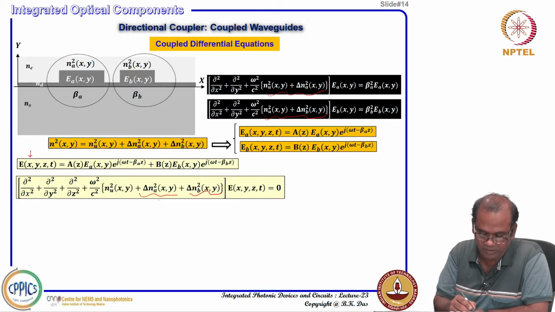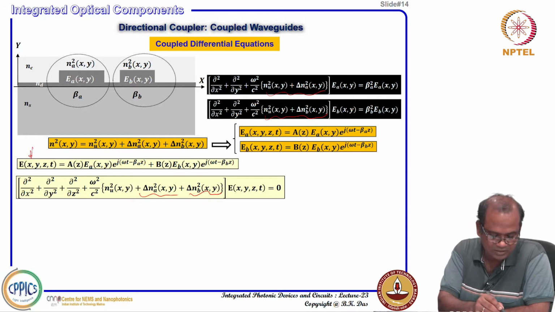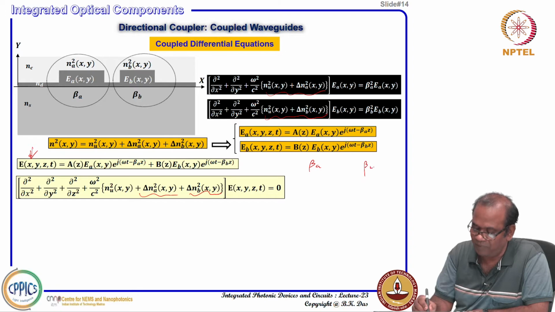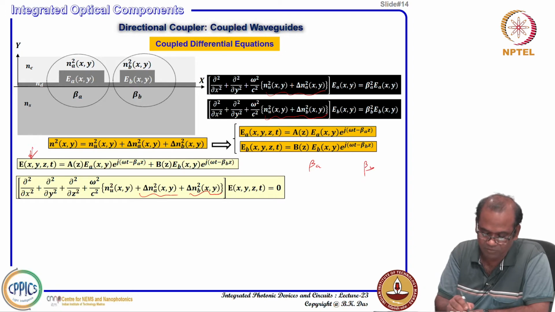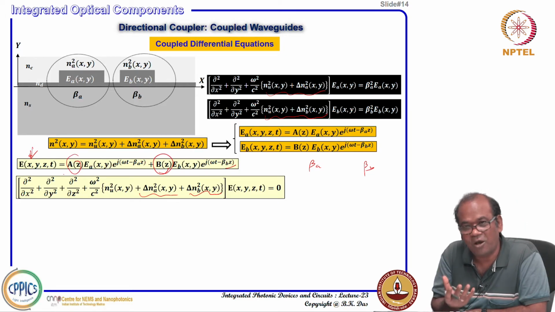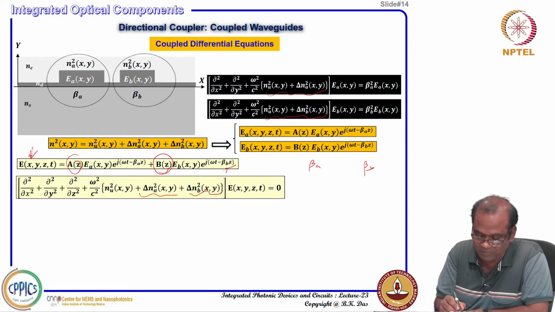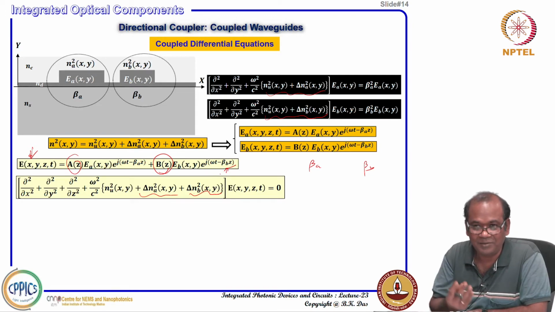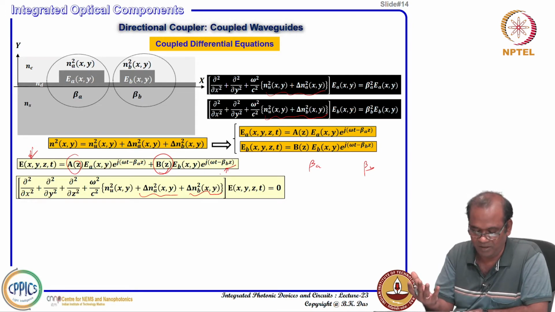In that case you have beta A and beta B along with the z-dependent phase, but A(z) and B(z) can also be complex, and that complex value can add here. So beta A and beta B will be modified, and the z-dependent function is something different now.